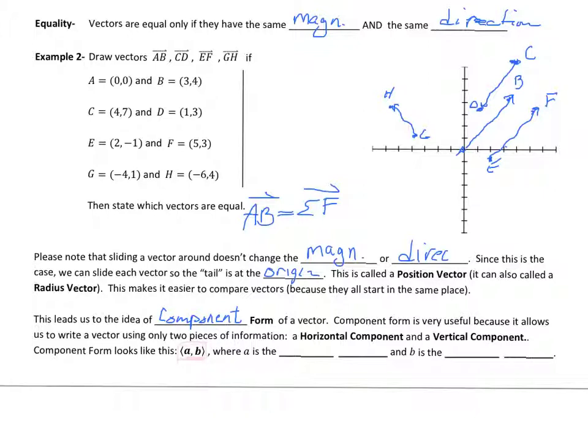When you see those brackets, then you know that we have a vector and it's in component form. Now in this case, A is what we call the horizontal component, and B is the vertical component. Kind of like your X and your Y, if you will. But with component vectors, it's A and B.